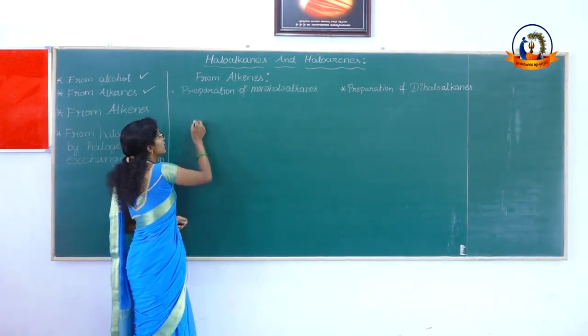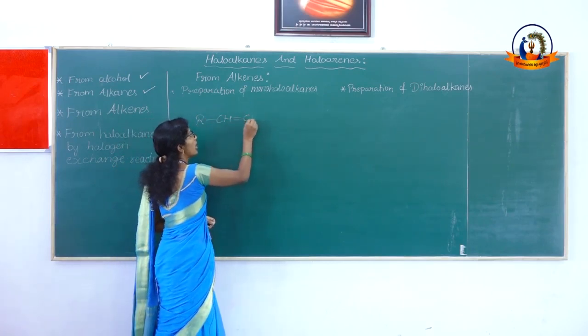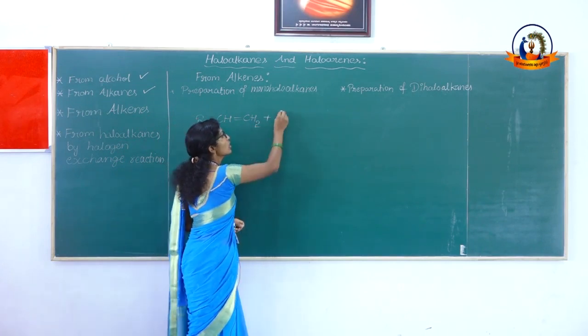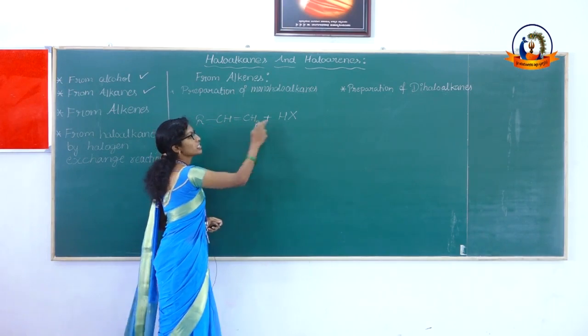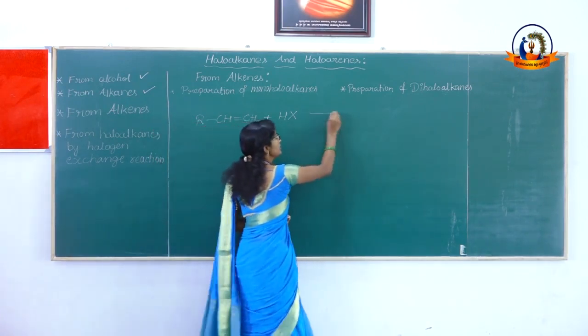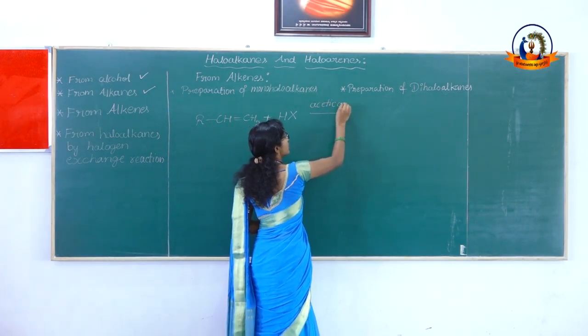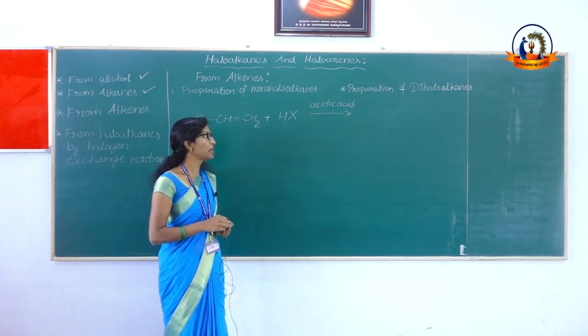Here alkenes react with halogen acid. Alkene reacts with halogen acid in acetic acid or methylene chloride medium.